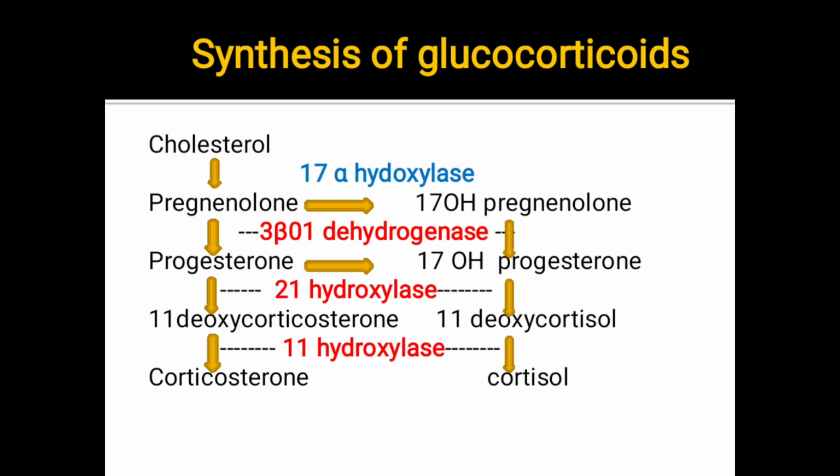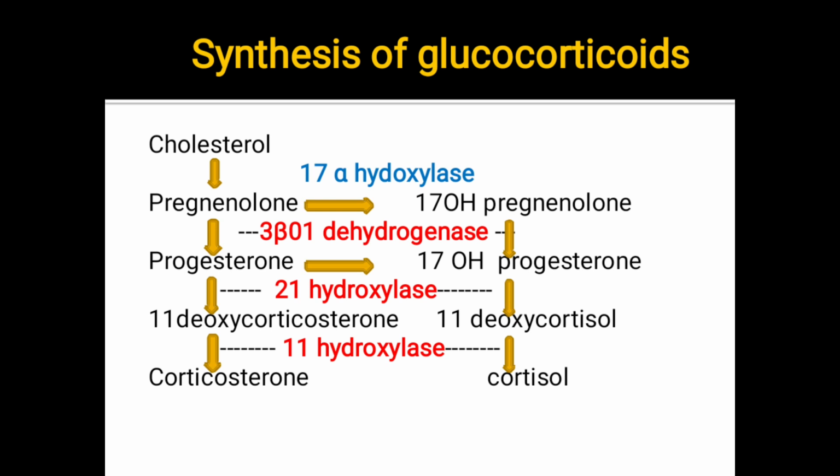Now, this progesterone, which has been formed from the pregnenolone, again gets converted to 11 deoxycorticosterone and 11 deoxycortisol by the enzyme called 21 hydroxylase. Now, this 11 deoxycortisol is transported back to the mitochondria from the endoplasmic reticulum and gets converted to cortisol, and this rapidly comes out of the cell.